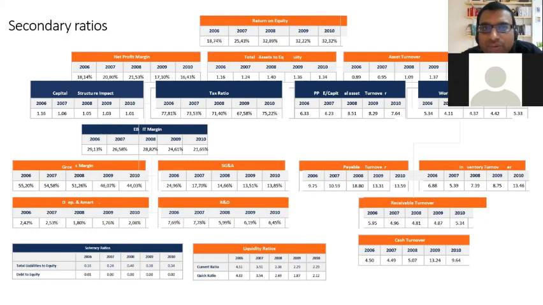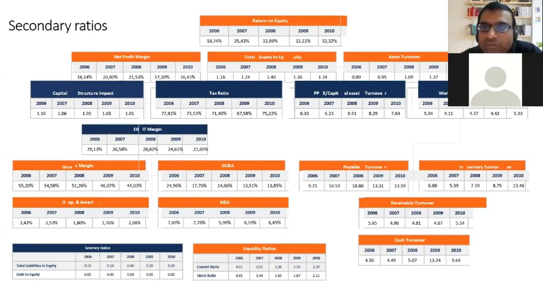Asset turnover ratio. What was the formula of asset turnover ratio? Can anyone tell me the asset turnover ratio formula? Sales upon total assets, right? So that means for each rupee which you are investing in your asset, how much revenue it is earning.